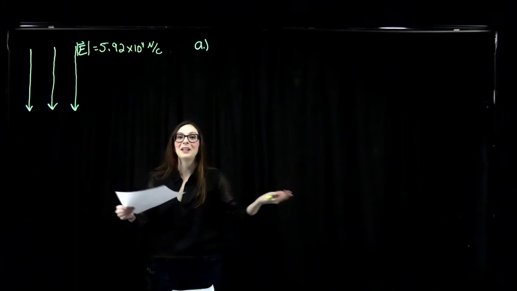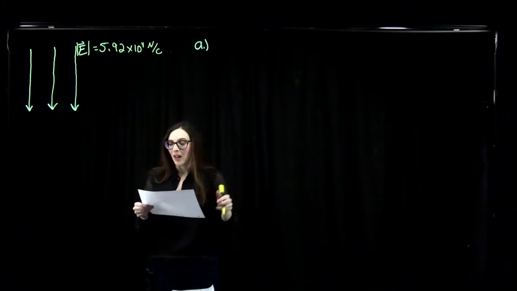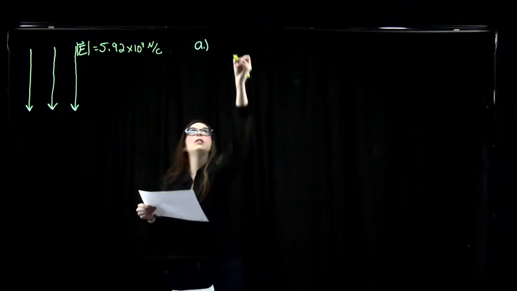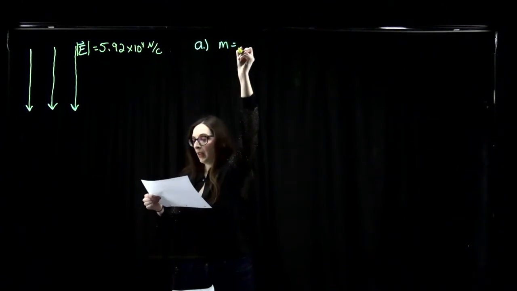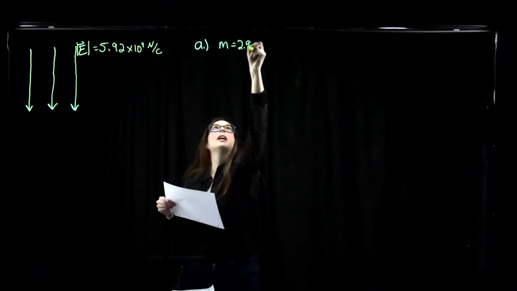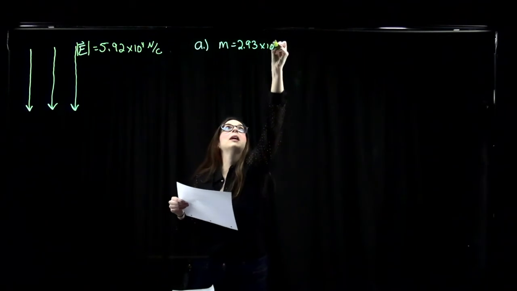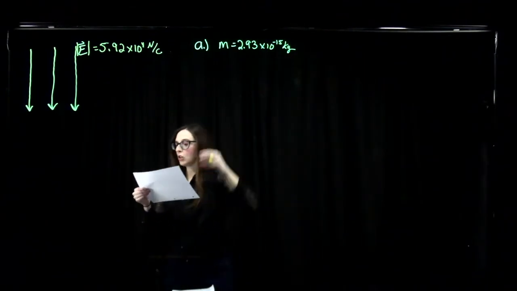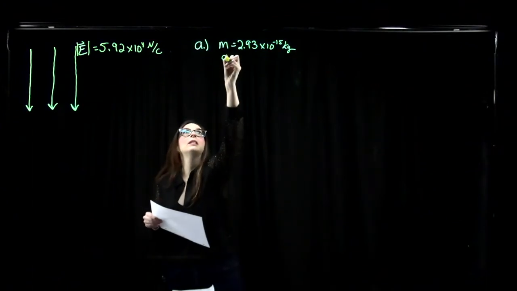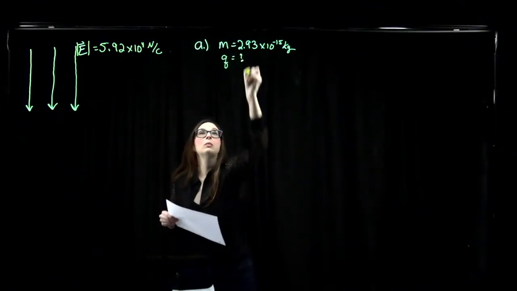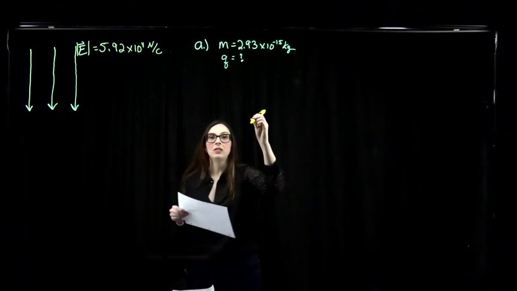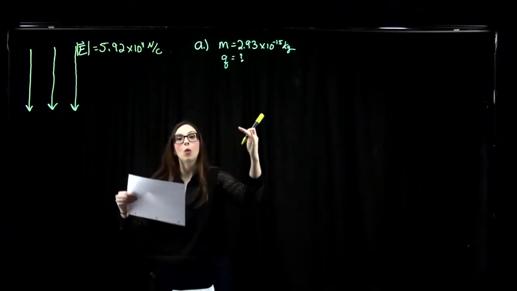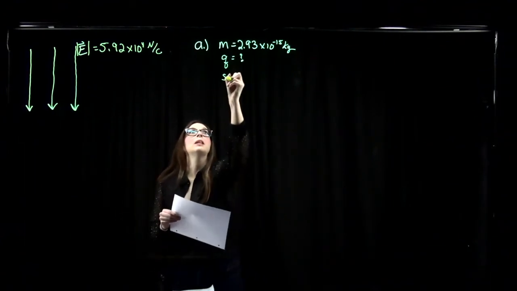If the mass of this droplet is 2.93 times 10 to the minus 15 kilograms, find the charge carried by the droplet. Q equals question mark.